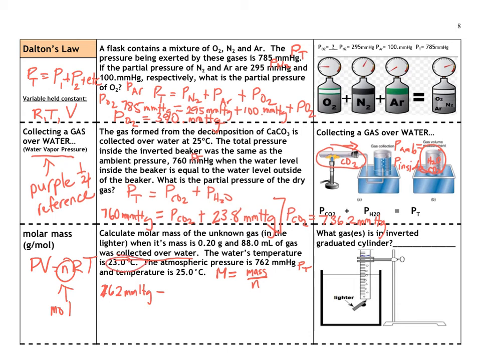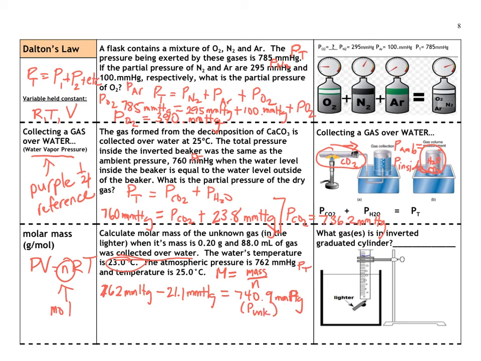Looking at 23 degrees Celsius on that purple quarter sheet, we see that the vapor pressure is 21.1 millimeters of mercury. Subtracting that will give us strictly the pressure of the dry gas, which is our unknown gas. So this is our P of our unknown gas.